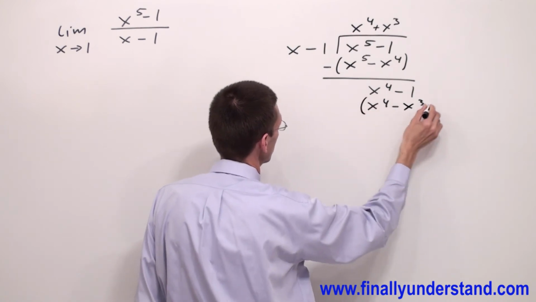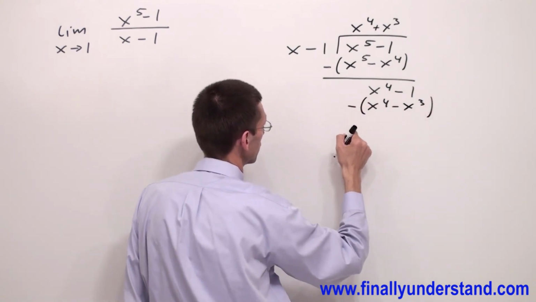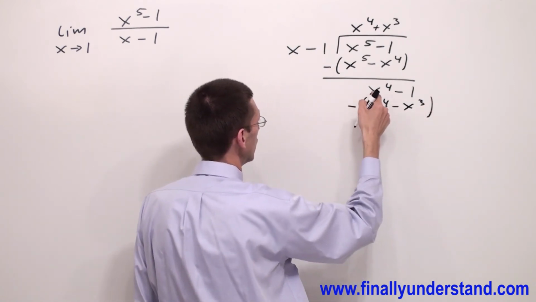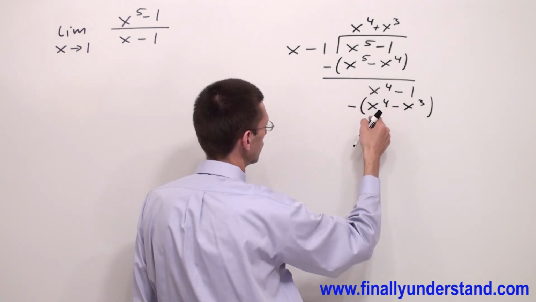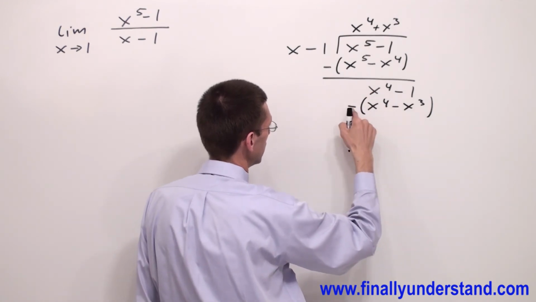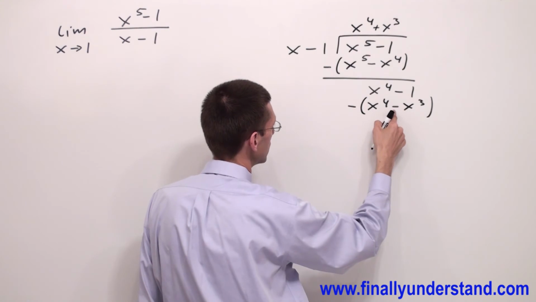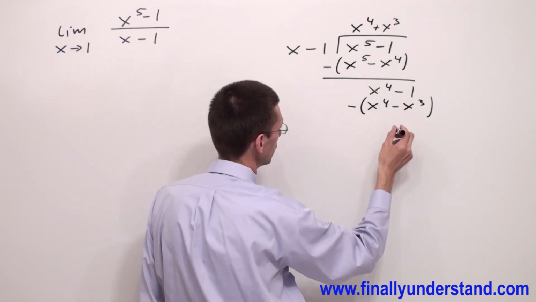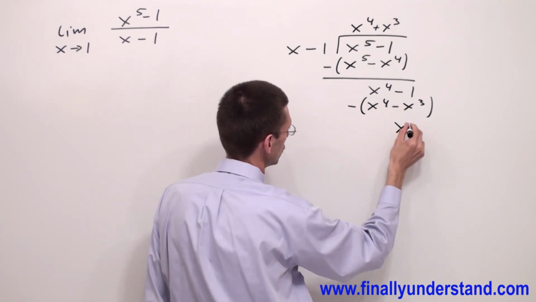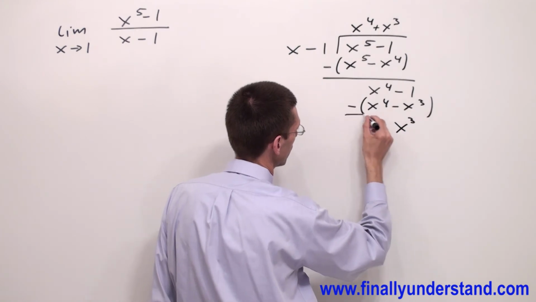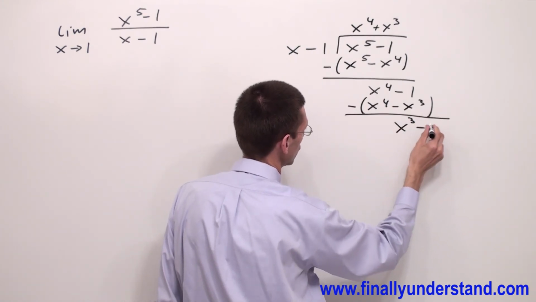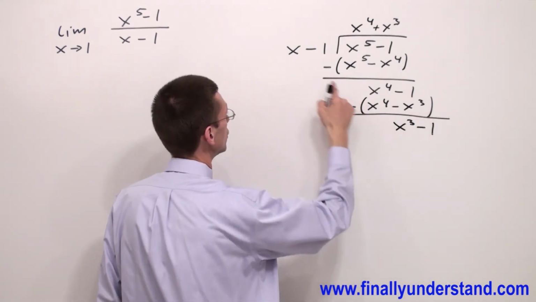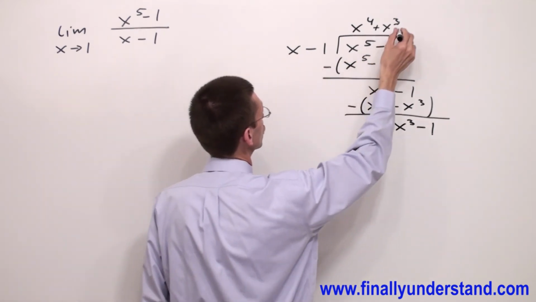Again, I have to perform the subtraction. And I have x to the fourth minus x to the fourth is 0, and negative times negative gives me positive, and I'm going to end up with x to the third minus 1. X to the third divided by x gives me x squared.